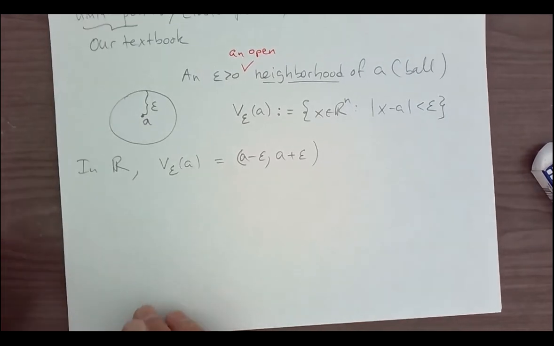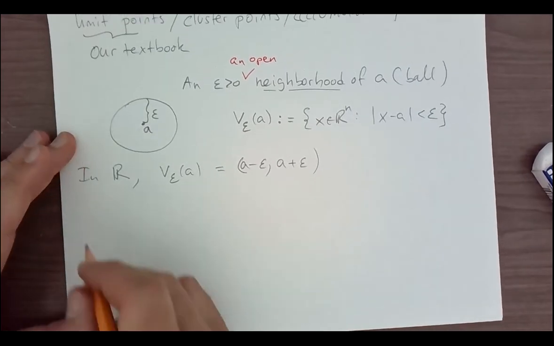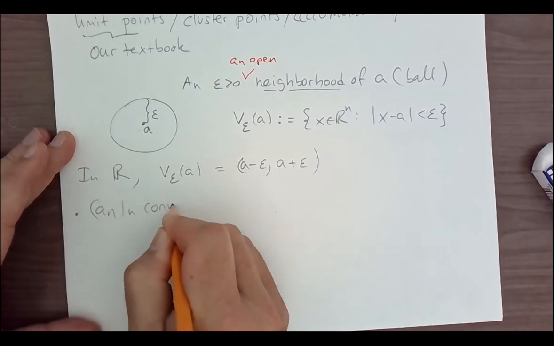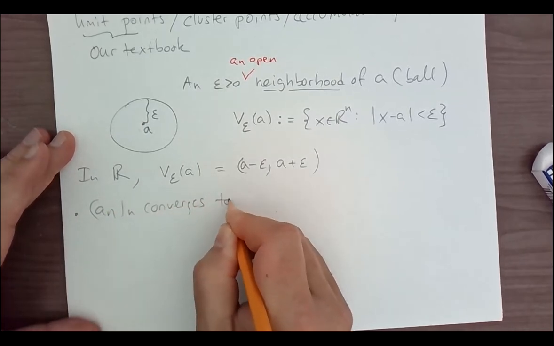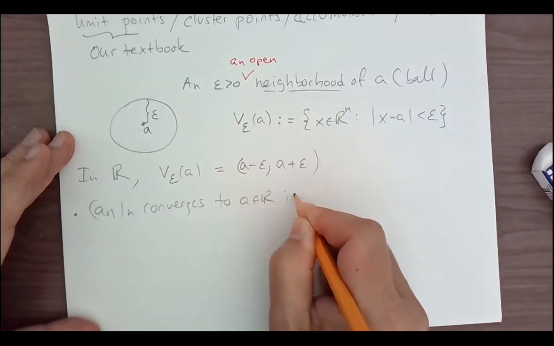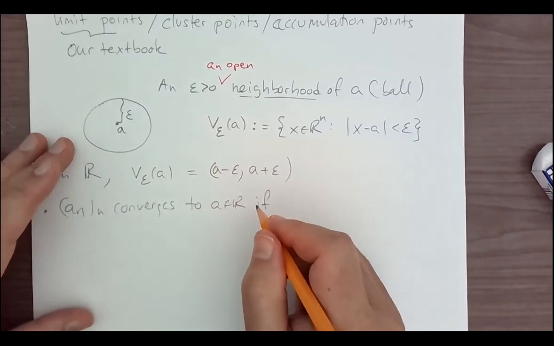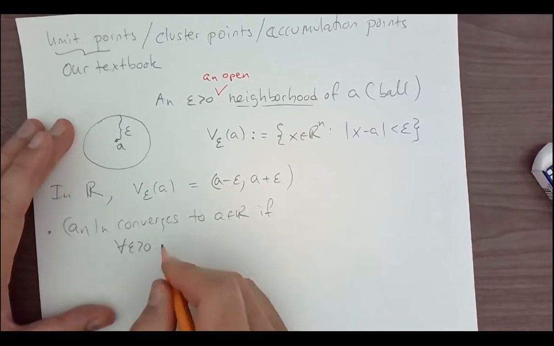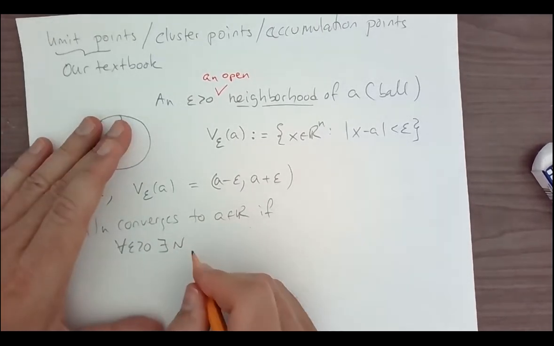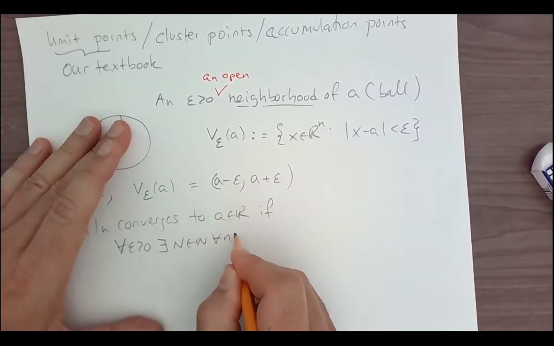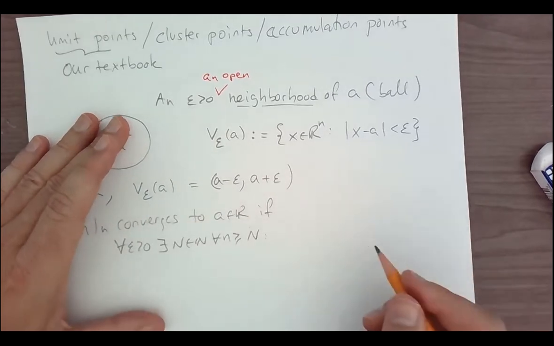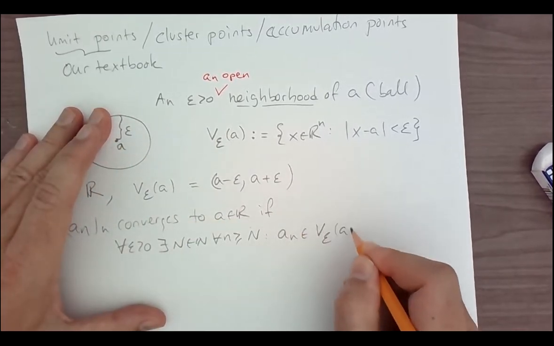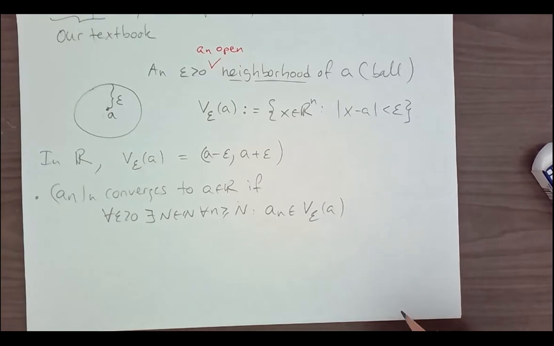And so we can recast the language that we have had. We can say that An converges to A if for any epsilon bigger than 0, I can find an n such that when I'm later than that n, An is in A's neighborhood.